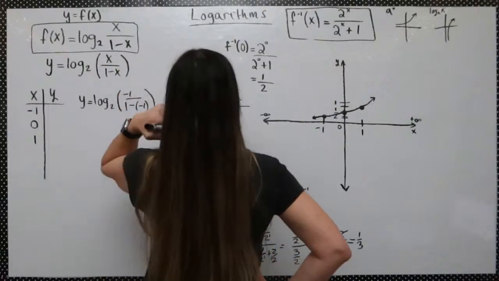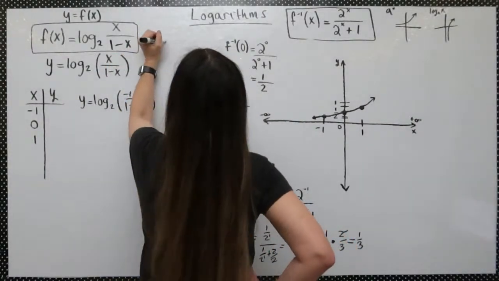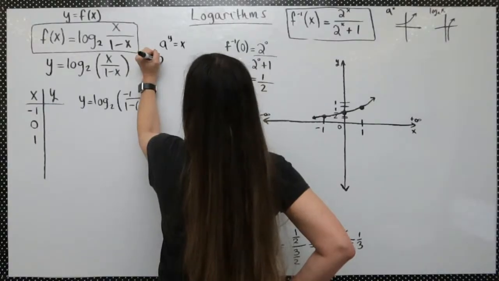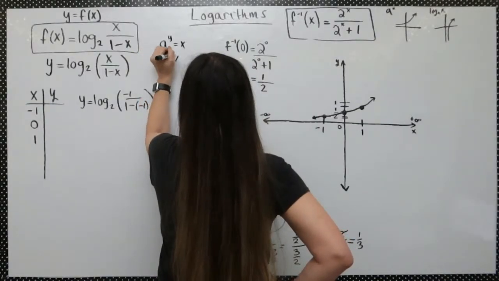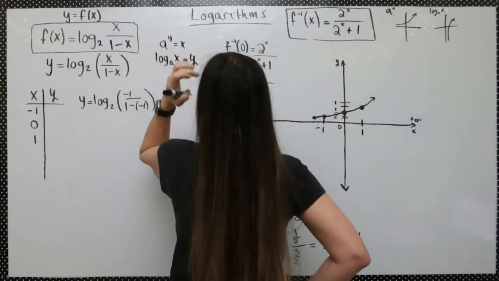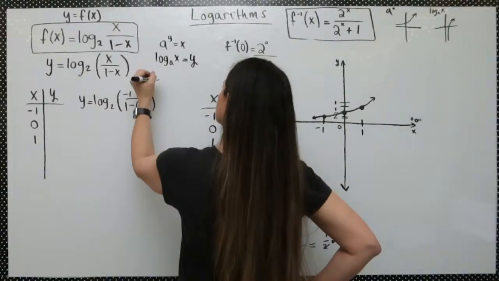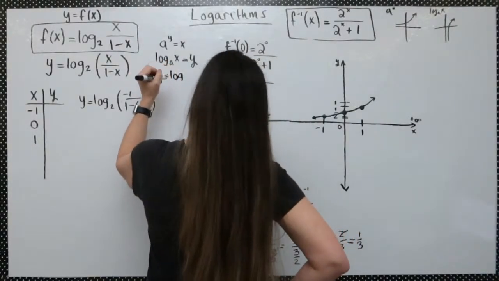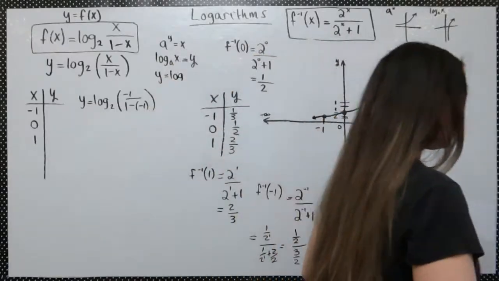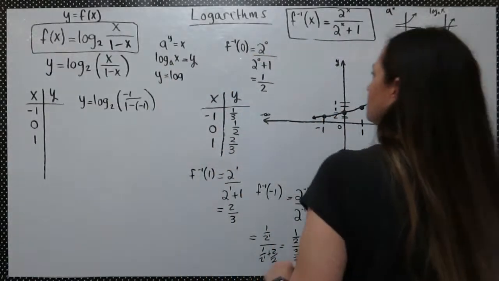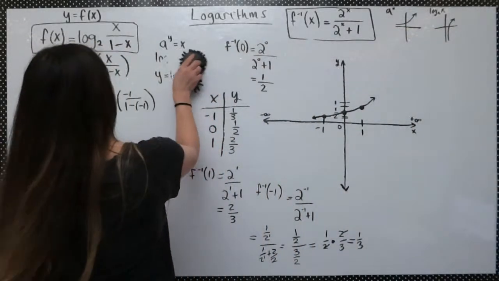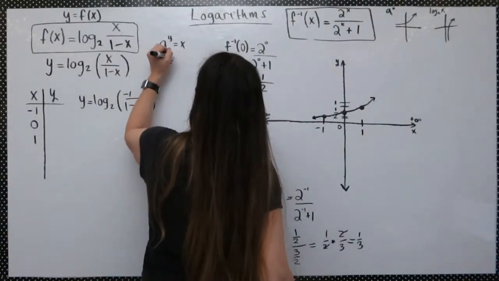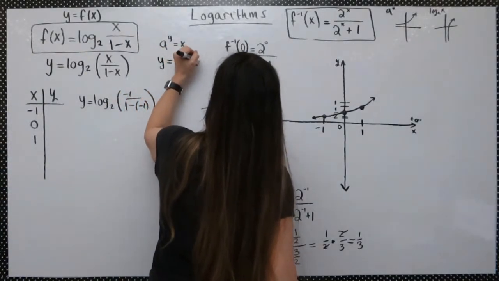So I erased the forms, but we have a to the y equal x and log a of x equal y. So y equal log, I don't know why I wrote it backwards. Let me erase that. I do get things flipped around a lot. So y equal log a of x.